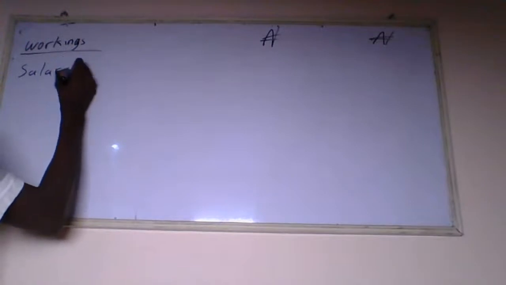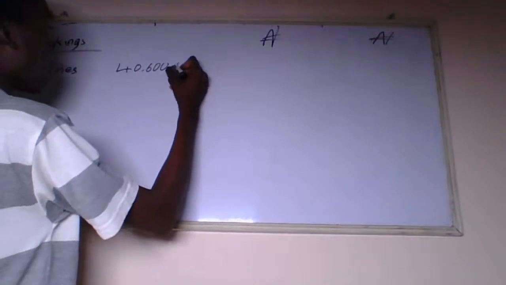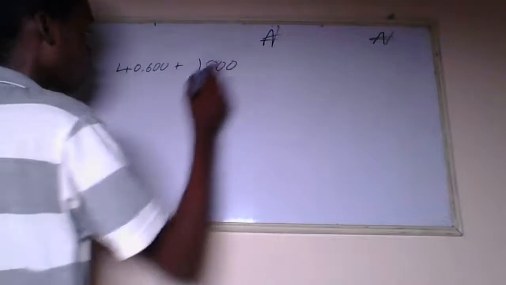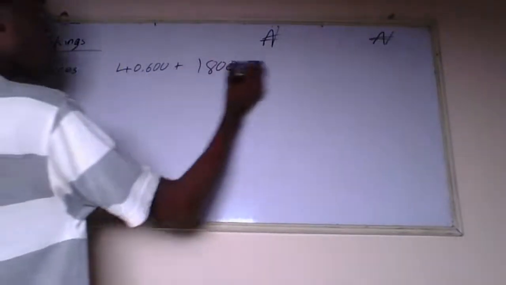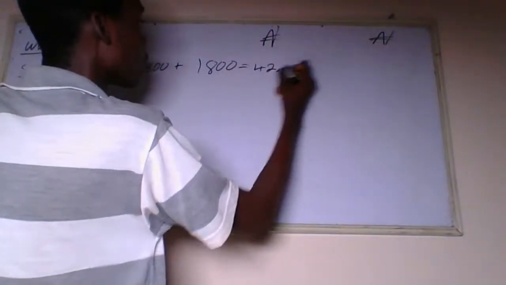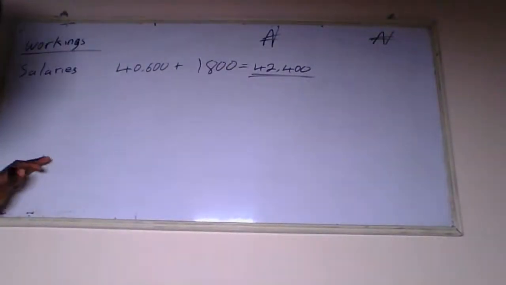The first expense that we have accrued is our salaries. Accrued expenses is an addition. So you take the 40,600 plus the amount that's being accrued, which is 1,800. So this amount is what you're going to write under salaries in your final answer.